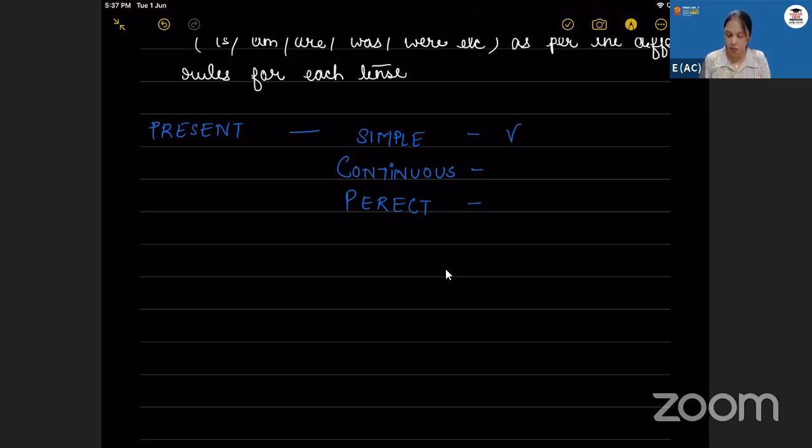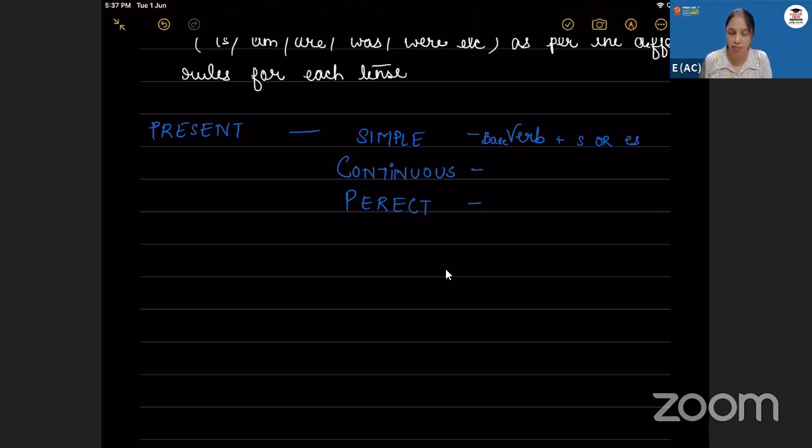The identification for simple present tense, as we have already done in the earlier classes, is clear to each and every one. For simple present tense, the base verb will be used: base verb plus S or ES. It is easy to identify.